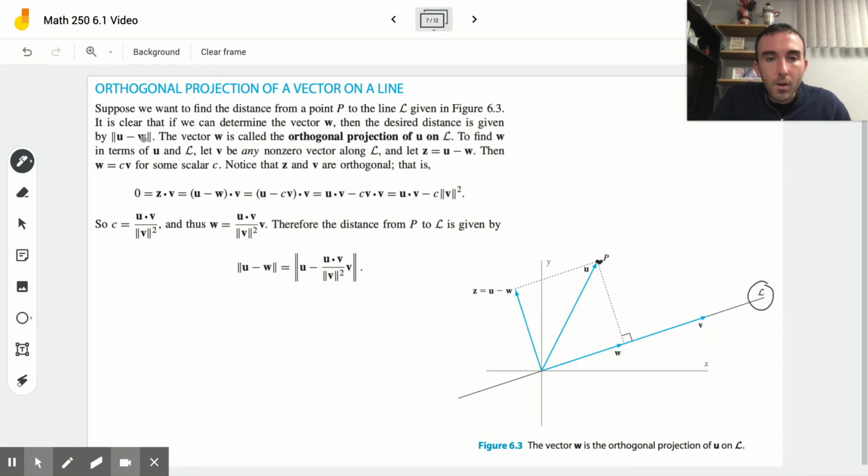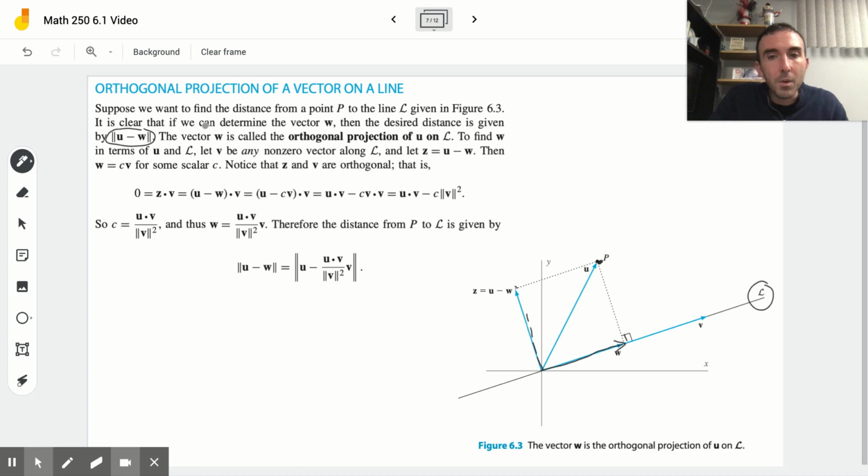It is clear that if we can determine the vector W, which means, somewhere along the line, on the line, then the desired distance is given by the norm of U minus W. So that goes back to our discussion earlier where we draw that line at the vertex out parallel to the actual distance tip to tip.